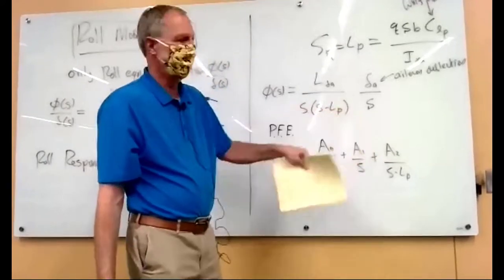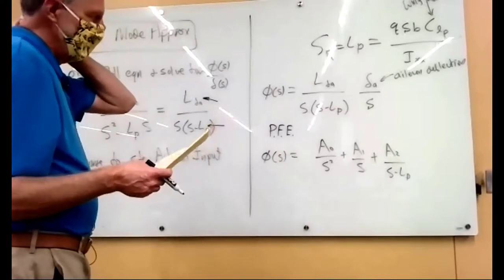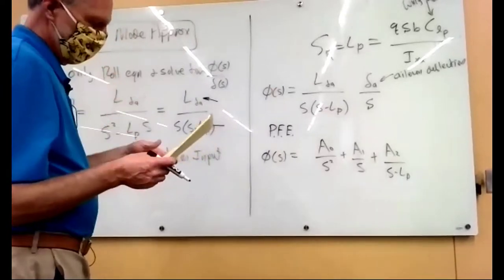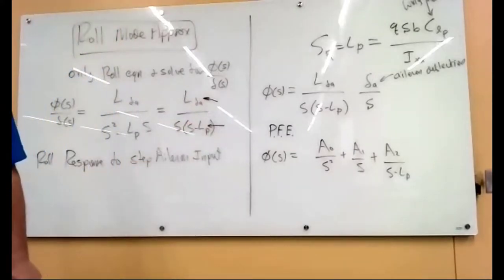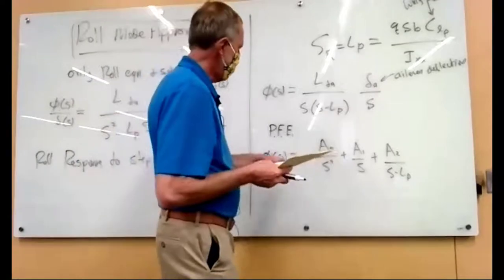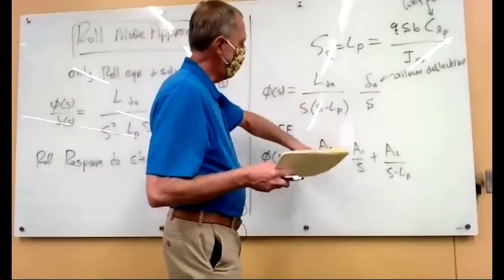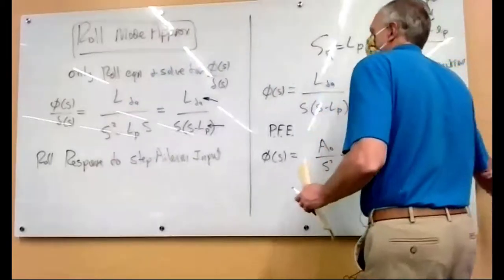We have to include an s term. That's just the rules of partial fraction expansion. Then we have to include this root. And so I'm going to jump to the solution because we all know how to do partial fraction expansion now, right? You multiply both sides by the full polynomial and then evaluate the different powers of s. Or there's various other ways of doing that.